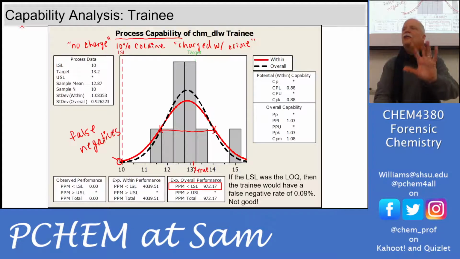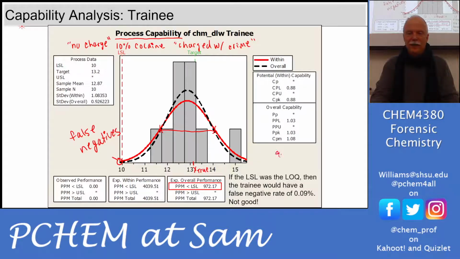So this is a nice tool in Minitab. You can put your data in there and you can see, if you have a specification limit, how many times you'll bust that limit. That's really fantastic. So this is telling us, out of a million analyses, that's a lot, but this is a lot of false negatives too.